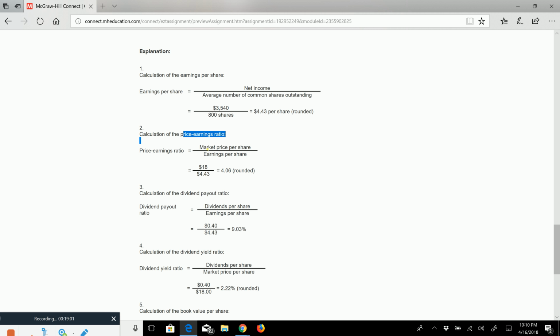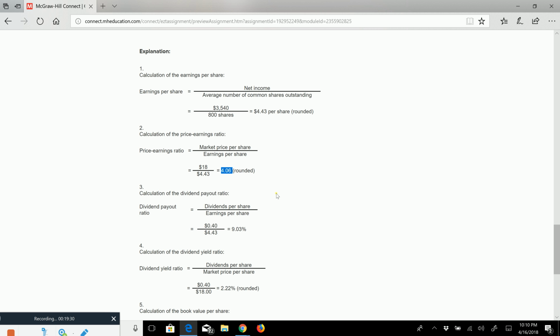The numerator is going to be the market price per share, which in this case is 18. We were told that, not in the financial statements, but in the information given to us in addition to the financial statements. Your denominator, what we just figured out, the earnings per share. All right, so the PE ratio is 4.06. Now, if you are an investor and you're thinking of buying this stock, we want to see a PE ratio that's lower.